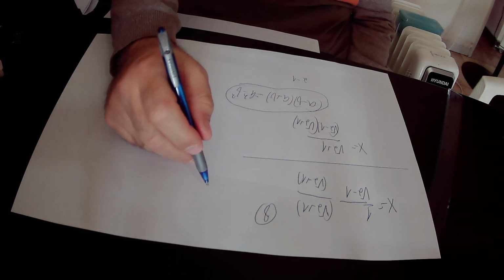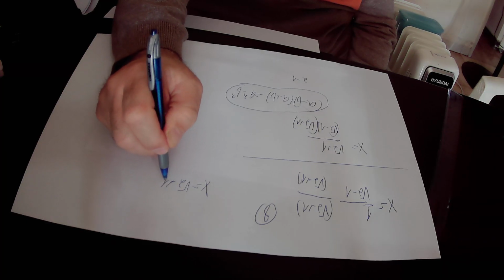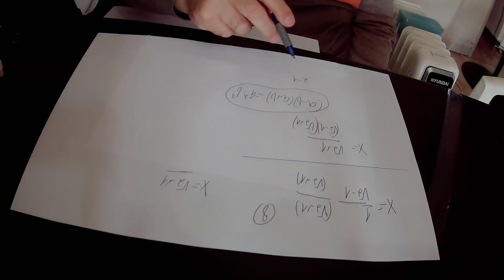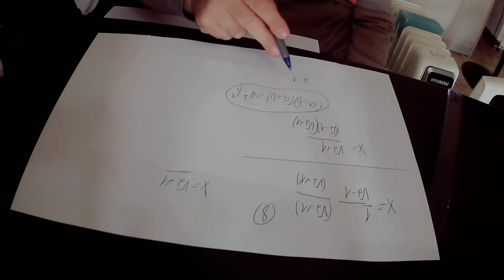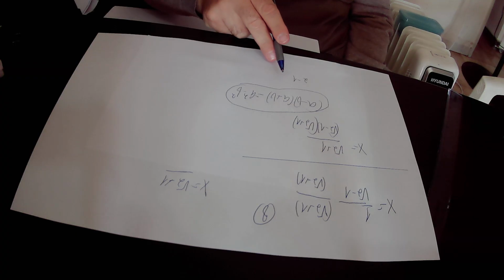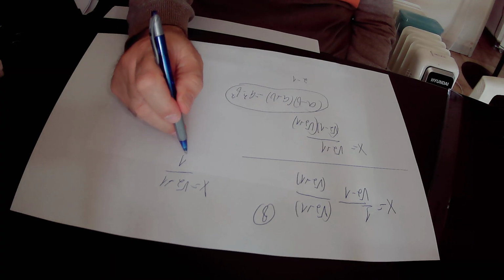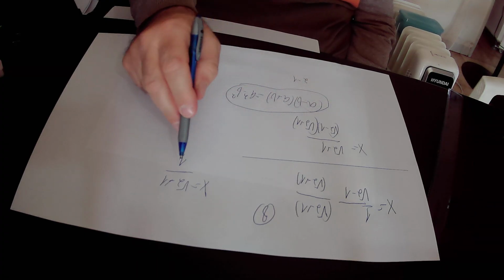So actually we found out that x equals the square root of 2 plus 1 over this expression, which equals 1. 2 minus 1 is 1. So according to this algebraic identity, this expression equals 2 minus 1, that is 1. So we substitute this expression by 1.